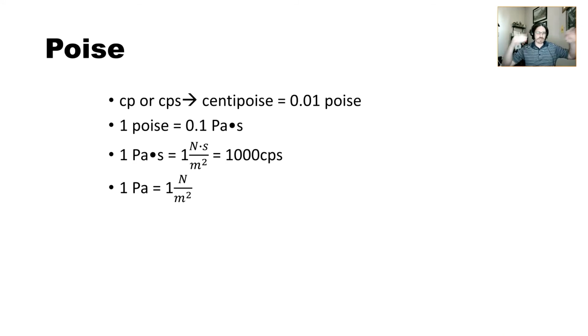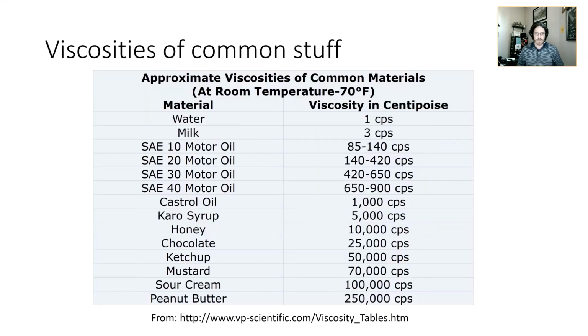To make it more practical, I have a table on the next slide which shows viscosity in terms of centipoise for various materials. This table is using CPS. I like CP because to me CPS means counts per second. I borrowed it from this website here.